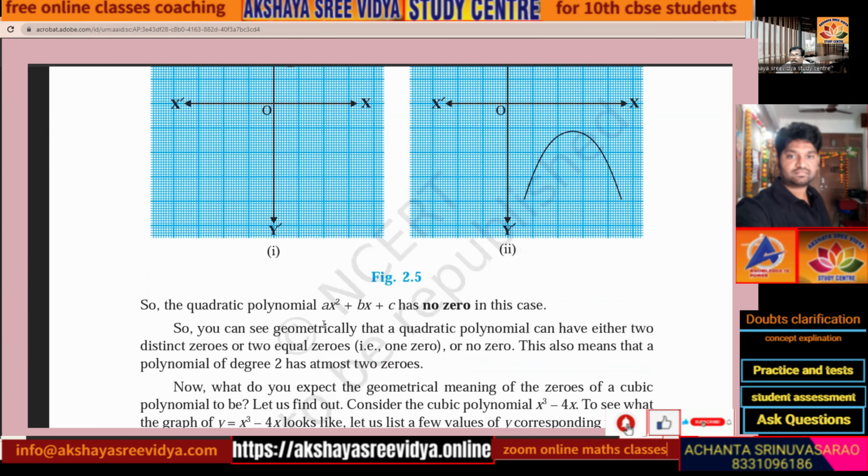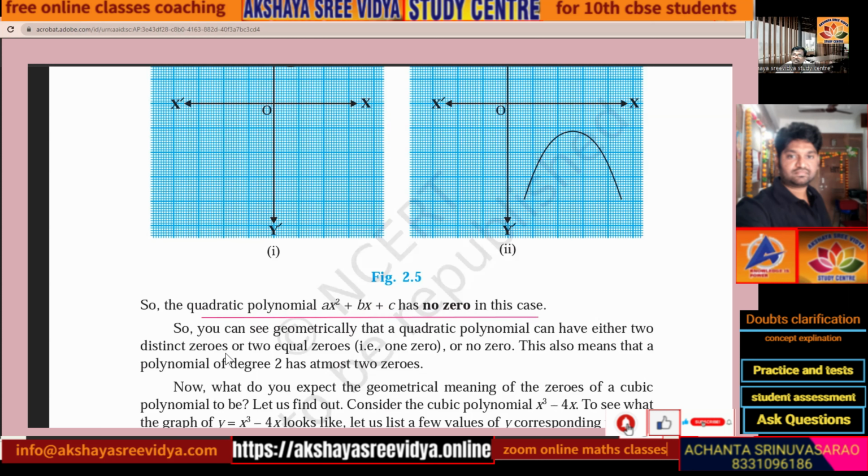So the quadratic polynomial ax square plus bx plus c has no zeros in this case.